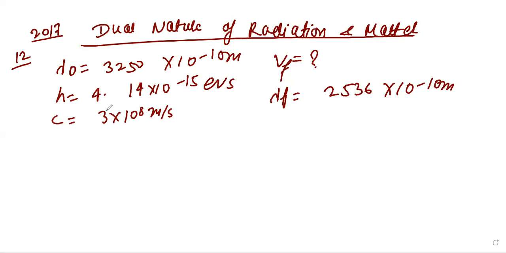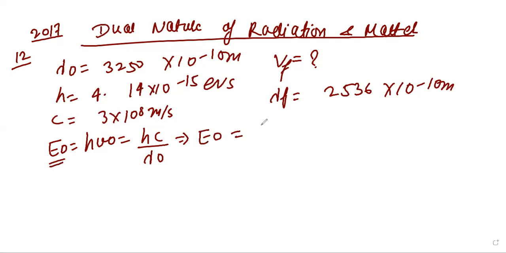So lambda naught we know. It is defined as E naught equal to H mu naught. Written in lambda form, it will be HC upon lambda naught. This is called the threshold energy.